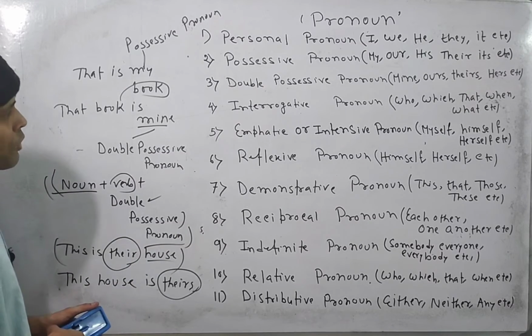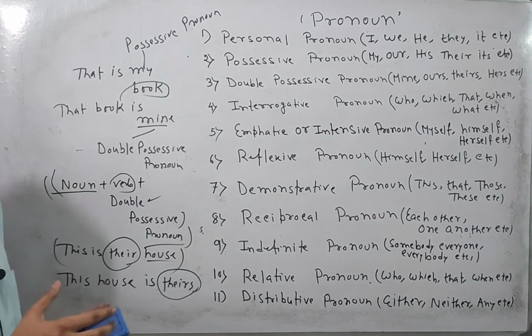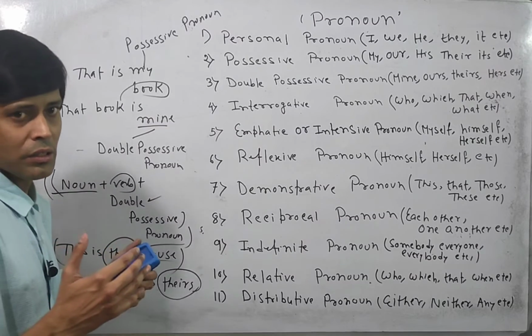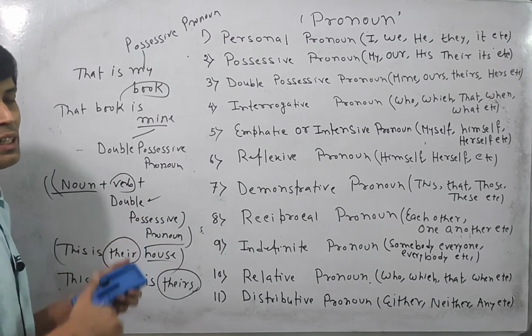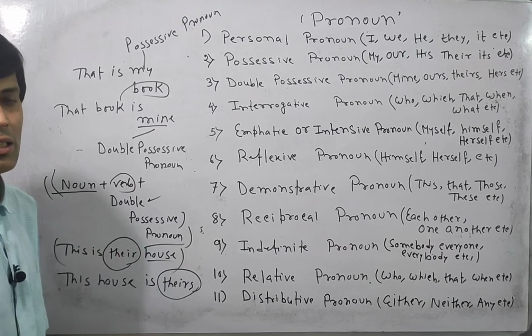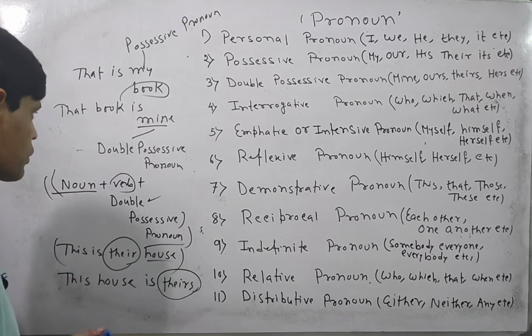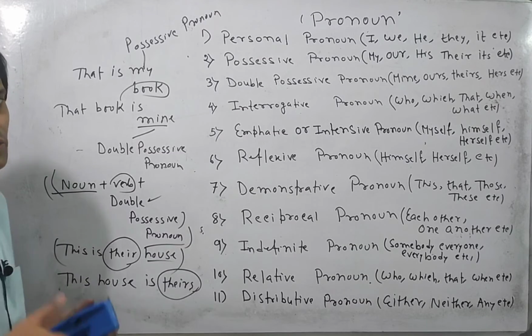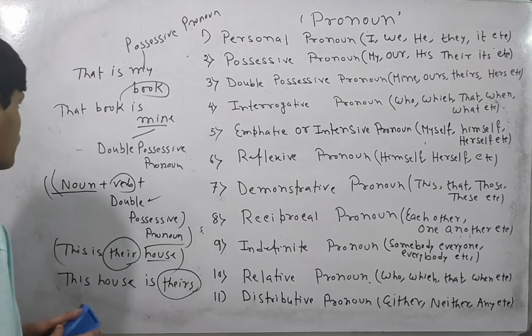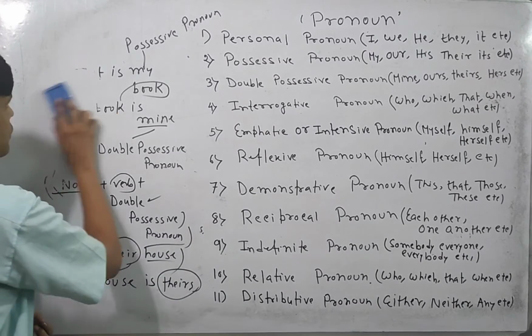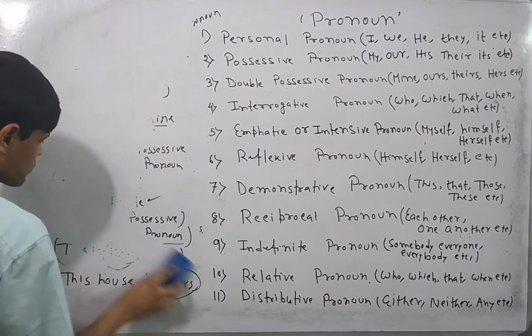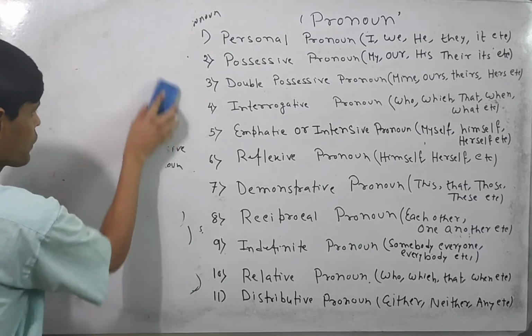Now interrogative pronoun. Interrogative pronouns are the pronouns that are used for forming questions, performing the function of an interrogative sentence. Now if I look at this: what, who, which, that, when, how.